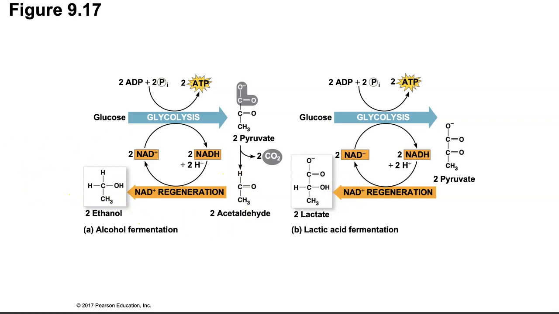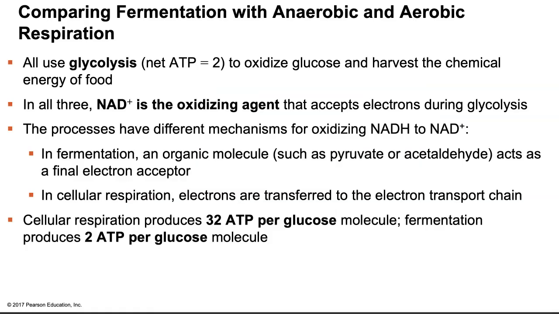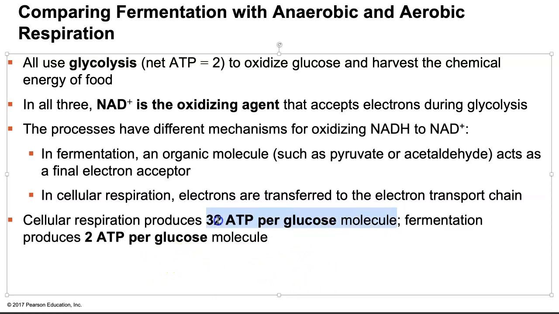Those are for fermentation, whereas for cellular respiration, of course, the final electron acceptor is oxygen, right? In cellular respiration, the electrons are transferred through the electron transport chain, and cellular respiration produces way more ATP than fermentation, right?